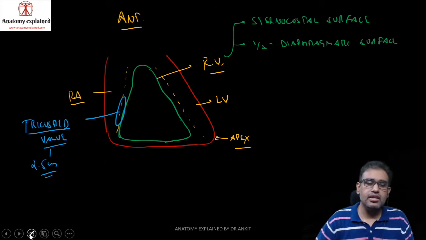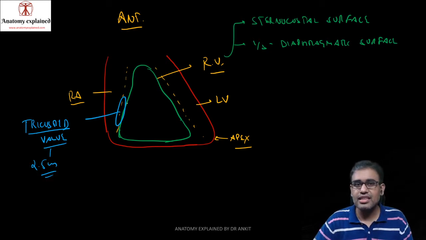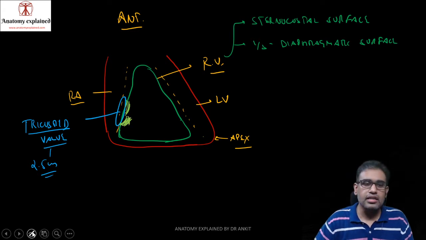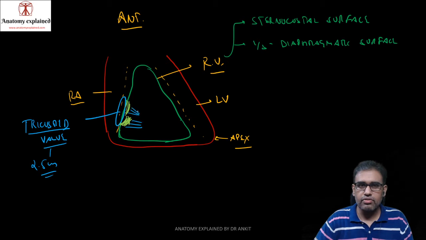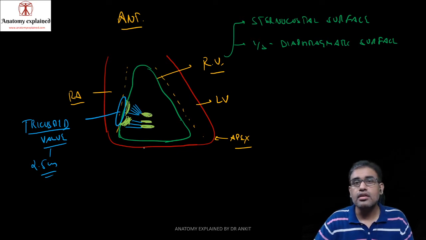And we know that the tricuspid valve has three cusps: the anterior, posterior, and the septal cusp. These cusps go inside towards the right ventricle. They are connected via cords known as chordae tendineae, and these chordae tendineae, on the other hand, are connected to the wall of the right ventricle via the papillary muscles.